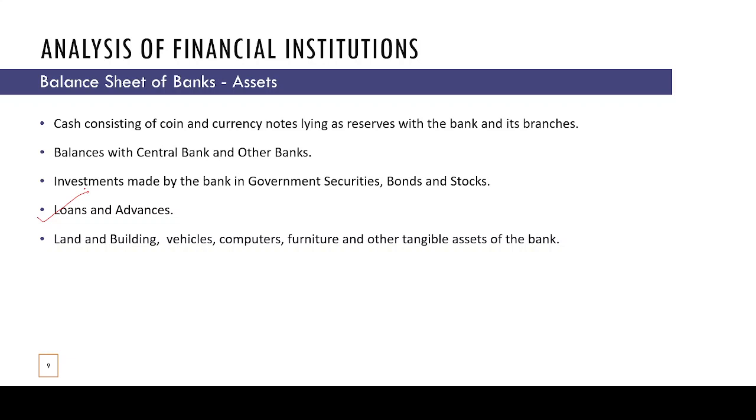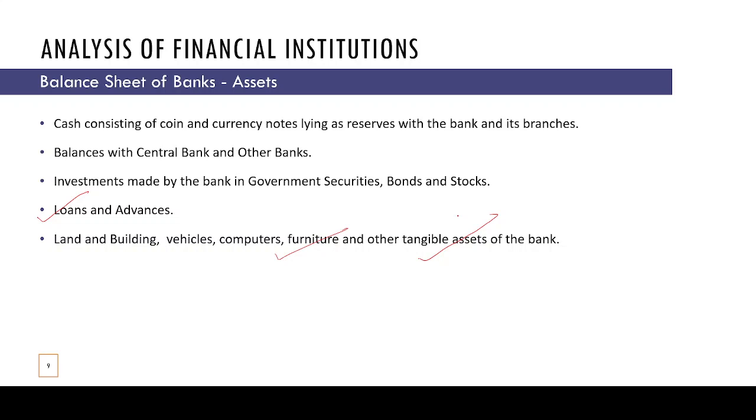Next item on the balance sheet of the bank is all the land and building, all the properties that the bank owns, which houses its head office and its branches. All the vehicles, computers, furniture, and other tangible assets of the bank, right? So these are the assets of the bank.